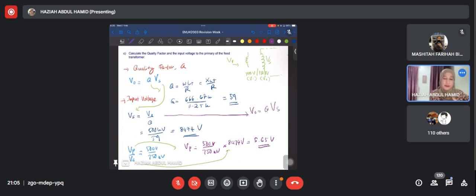So if that way, if we want to adjust the output voltage, we can simply adjust Q. Okay, by fixing the input voltage to our resonance circuit. Okay, so kita boleh adjust the Q ni untuk fulfill apa output voltage yang kita nak. Kalau kita nak higher, then kita increasekan Q lah. Okay, so that is the beauty of resonance circuit tu.